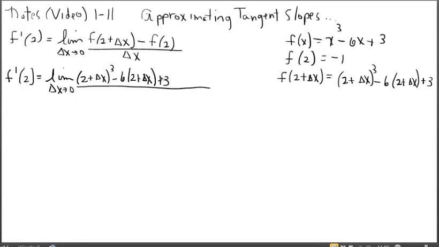We're not finished. This whole expression would be the y value at 2 plus delta x. So let's subtract f of 2. Well, f of 2 is -1, all over delta x.